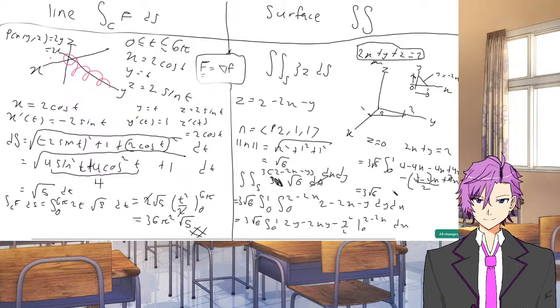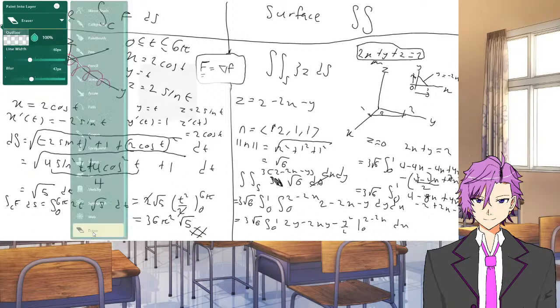That doesn't look like 2, that looks more like a worm. So 0, 1 dx: 4 minus 8x plus 4x squared minus 2 plus 2x minus 2x squared.